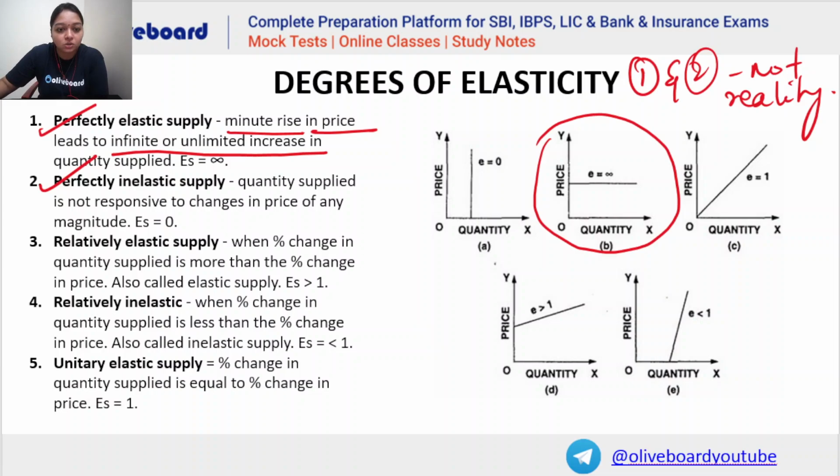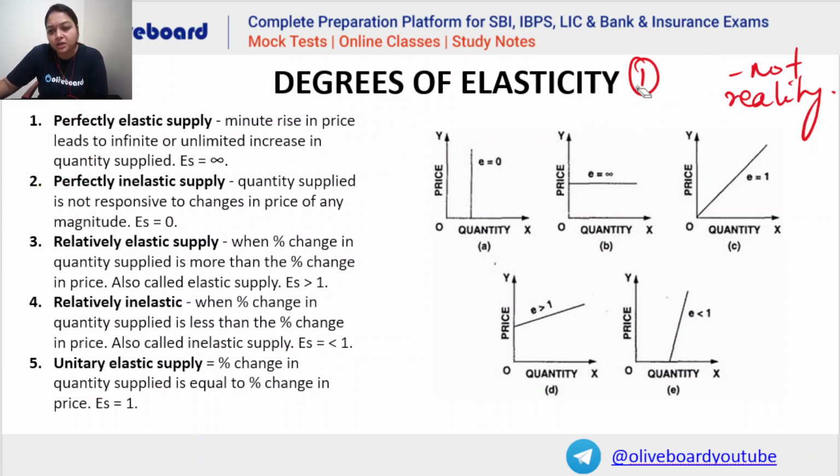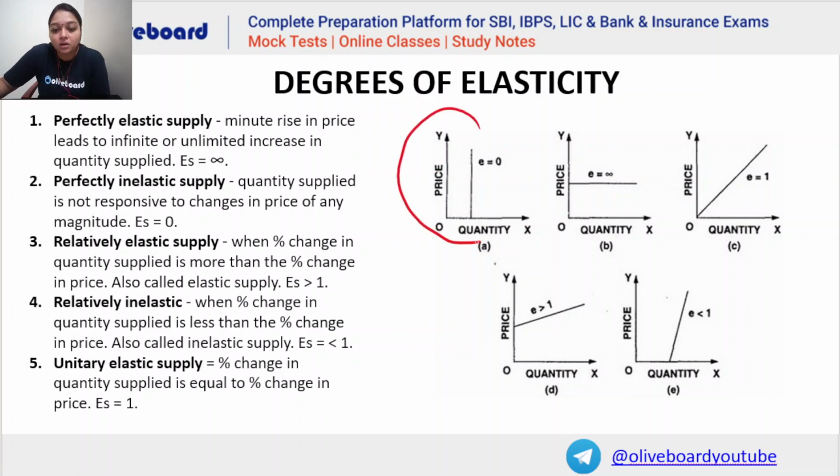So what is perfectly inelastic? Perfectly inelastic means the change in price, whether it is increase or decrease, has no effect on the quantity supplied. Whether the price is increasing or decreasing, the quantity supplied will remain the same. So this is the graph. Here we can see that the supply curve is vertical. In the previous one, the supply curve is horizontal.